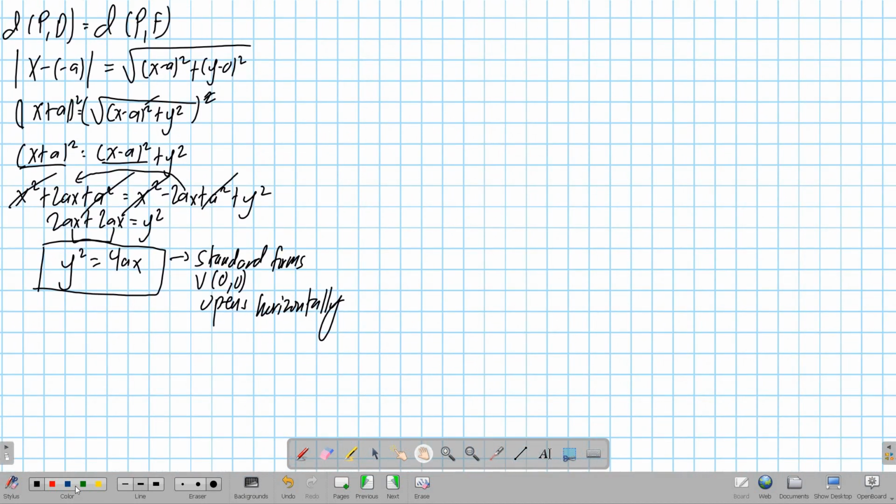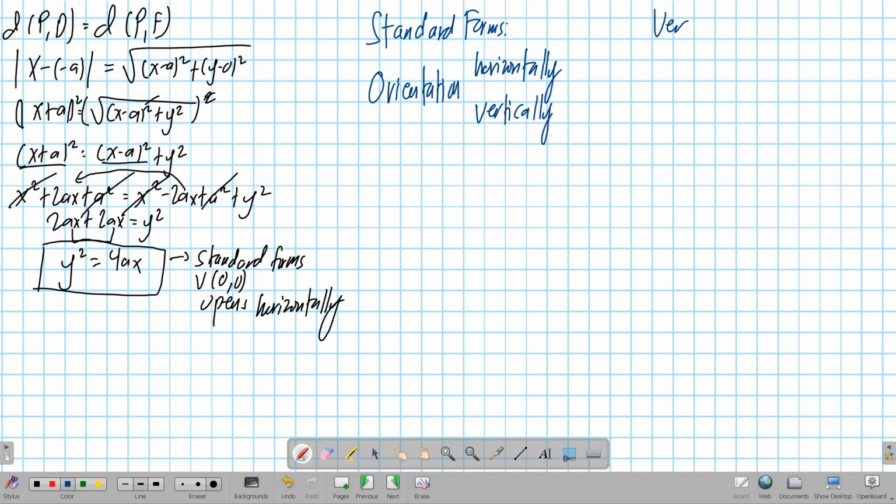Let's put this here. So our standard forms would depend on the orientation of your parabola, whether it opens either horizontally or vertically, and where the vertex is.